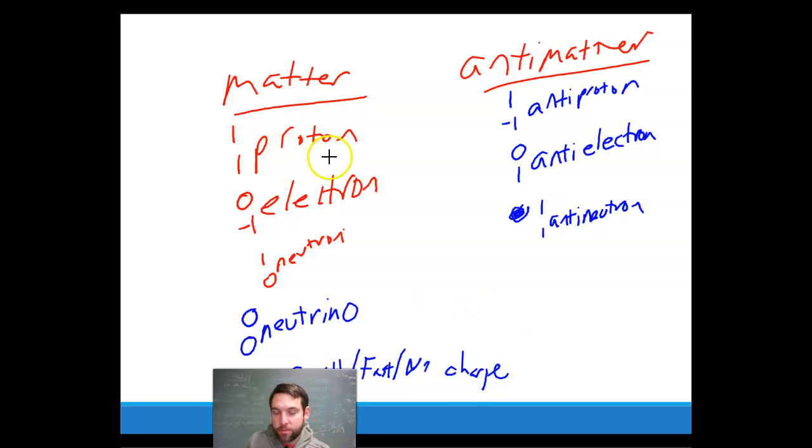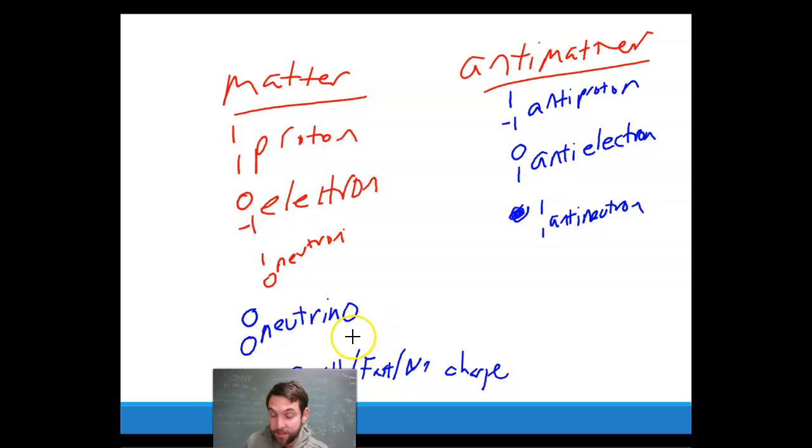So we know the proton is a positive charge. We know the electron is a negative charge. Neutron has no charge. Neutrino also has no charge. Notice the neutr prefix. So it's neutral. But there's no mass to it. There's mass to it, but it's so small that it is negligible. And it moves really, really fast.